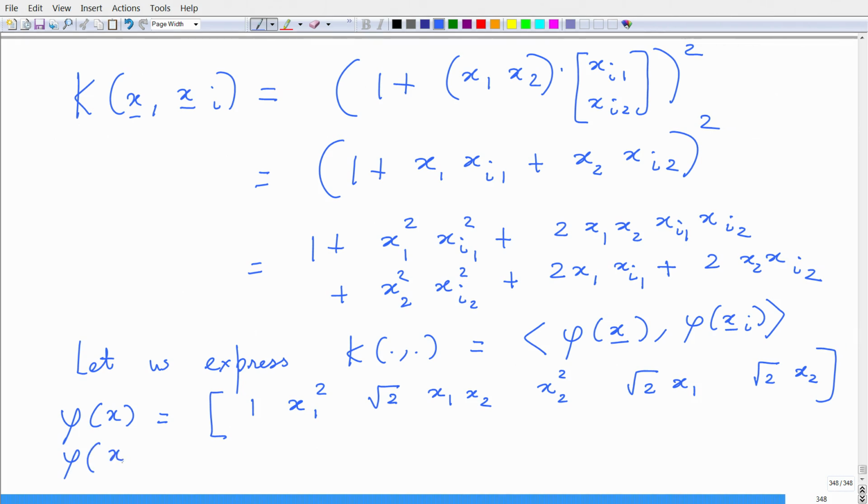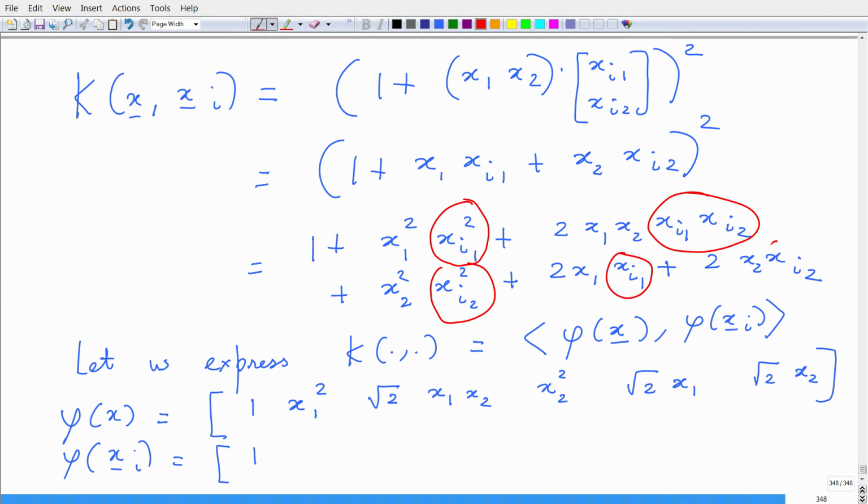Similarly, phi of xi can be written as 1. I pull this out, I am just grouping all the red terms. And this 1 is basically 1 dot 1, right.